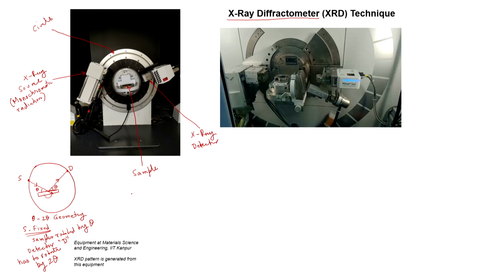The second geometry is called the theta theta geometry. Now, in theta theta geometry, the sample is kept fixed.